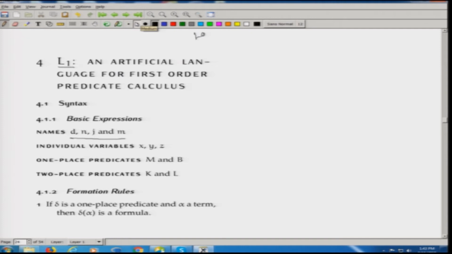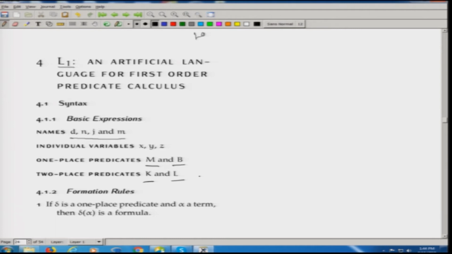So, we just conveniently use three variables x, y, z. If we wanted more variables, then we would use V1 through Vn. Then we have one-plus predicates as we have seen before, and two-plus predicates. Formation rules are given here.